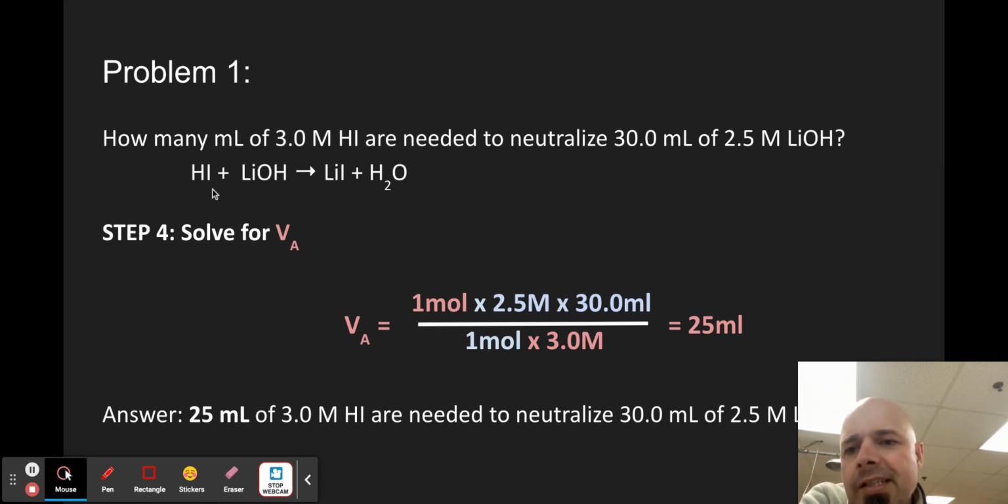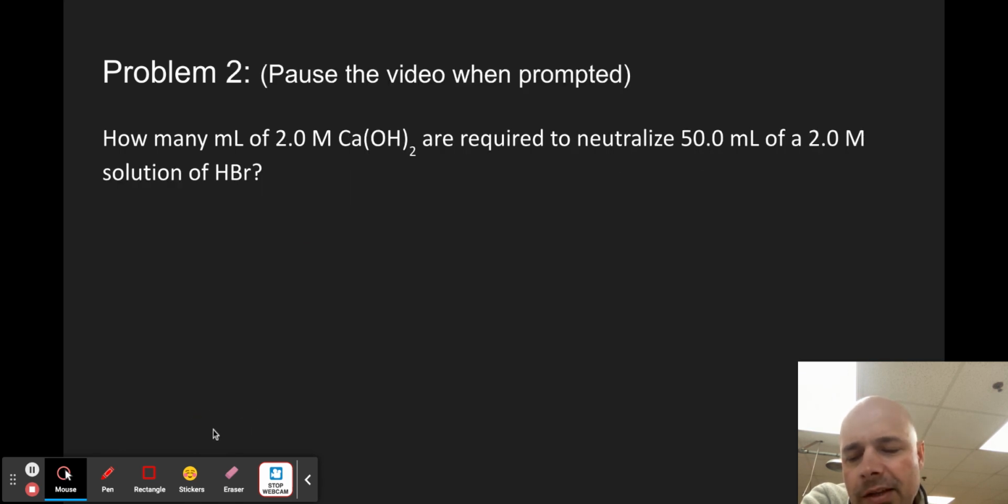Which means it makes sense if the ratio of ions is 1 to 1, right? Ratio of hydrogen to hydroxide is 1 to 1 from this equation. That would mean that with acid that's highly concentrated, you wouldn't need as high a volume of the base to neutralize it, which makes sense for that number to be slightly lower at 25.